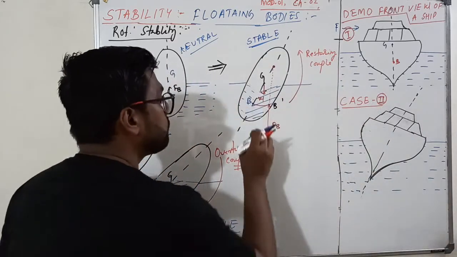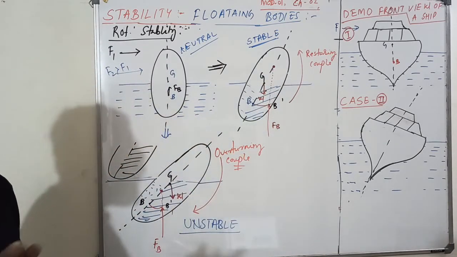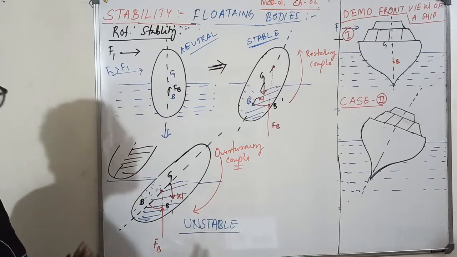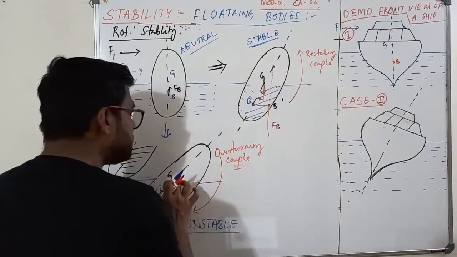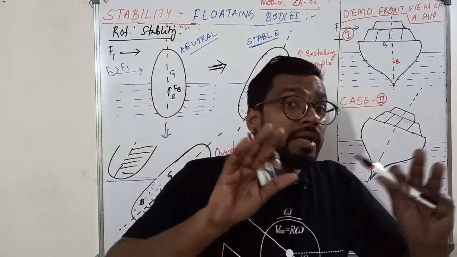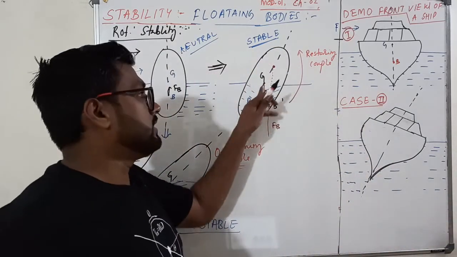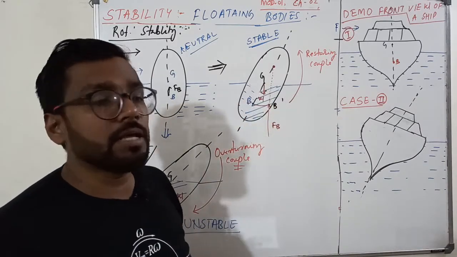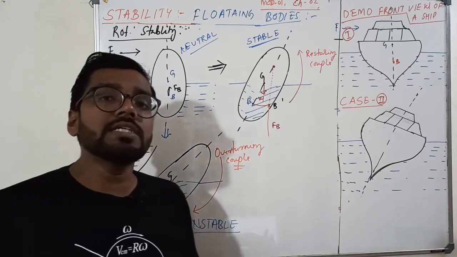Irrespective of the position of B and G, this is still sinking. So the relative position of B and G in this case may not give me a stable condition. In this case, B is below G, it is stable. In this case also B or B prime is below G, but still it is unstable.